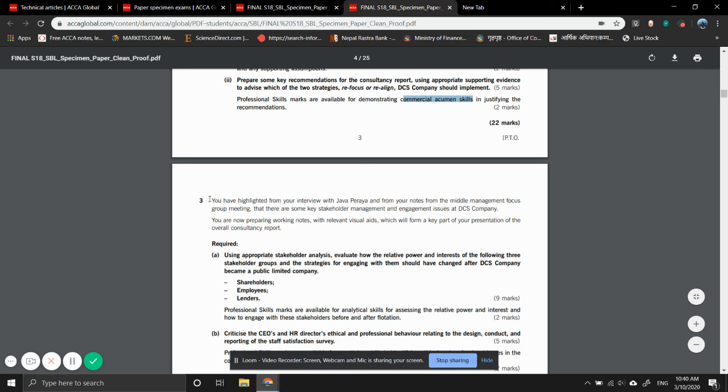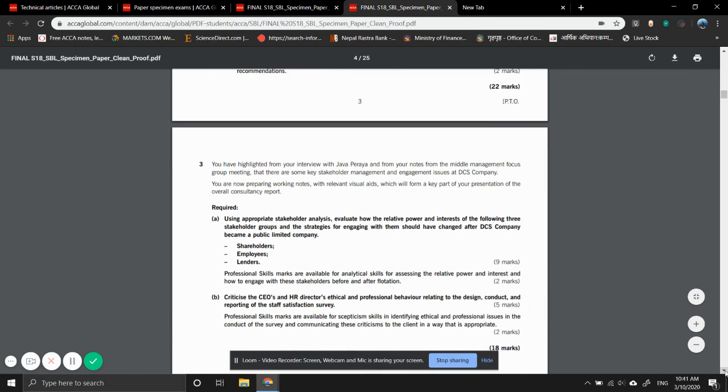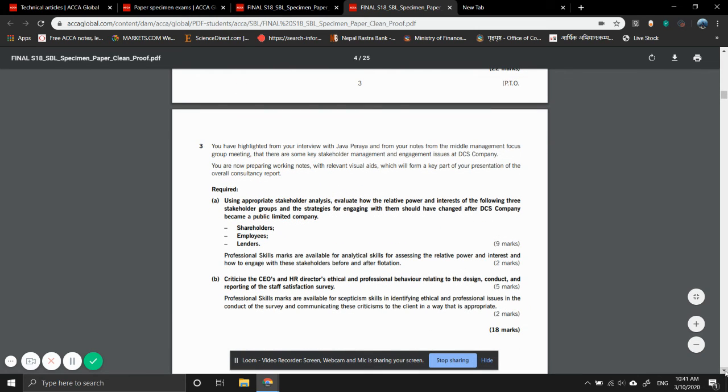So you have highlighted from your interview with Java Peria and from your notes from the middle management focus group meetings that there are some key stakeholder management and engagement issues at DCS company. So you are now preparing working notes with relevant visual aids which will form a part of your presentation of the overall consultancy report.